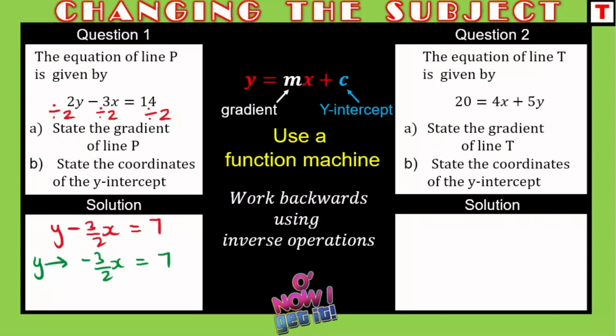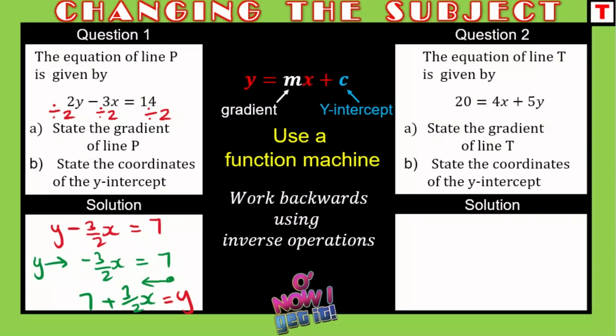So therefore, we're going to have to now do the opposite, starting with 7. So we're going to be starting with 7 there, and then we're going to be adding 3 upon 2x, and this would give us the value of y.